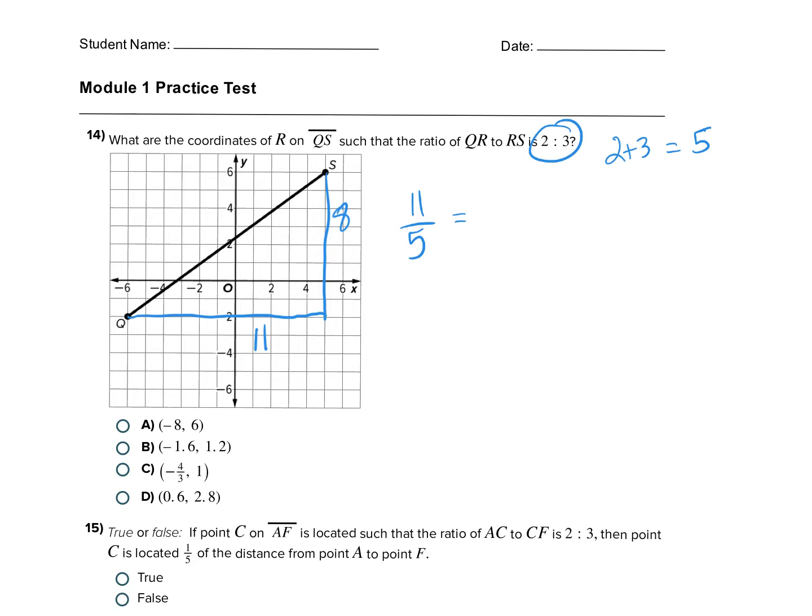So 11 divided by 5 is 2.2. So along the x-axis, I'm going to create 5 congruent pieces that are 2.2 units in length. And then along the y-axis, I'm going to do 8 divided by 5, which is 1.6.